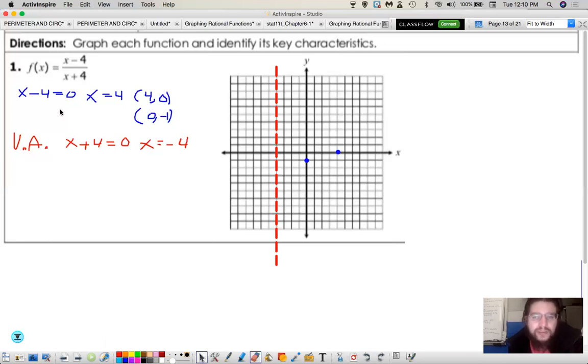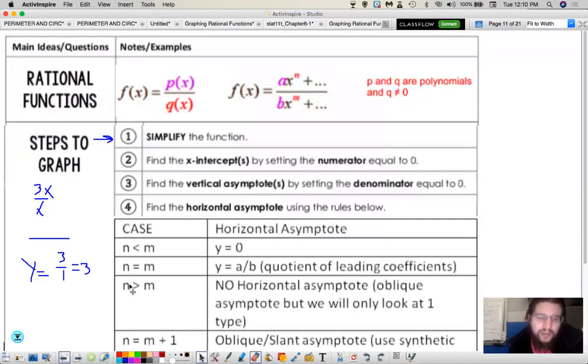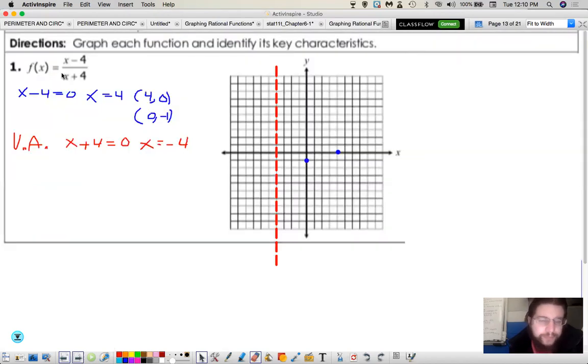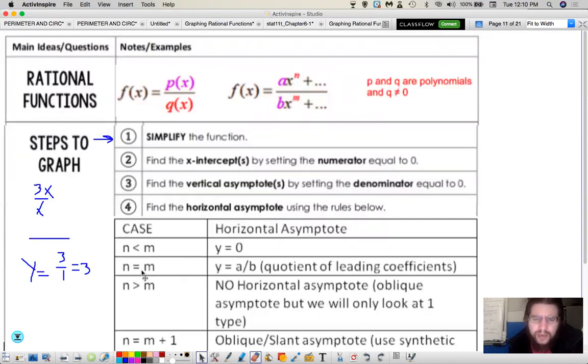Okay, what's next? Horizontal asymptote. What did I do there again? Oh yeah, there's rules. Looking at our rules, we have to look at the degree of the numerator and denominator. Numerator has a degree of 1. Denominator has a degree of 1. That's the same. If they're the same, then I take the quotient of the leading coefficients.